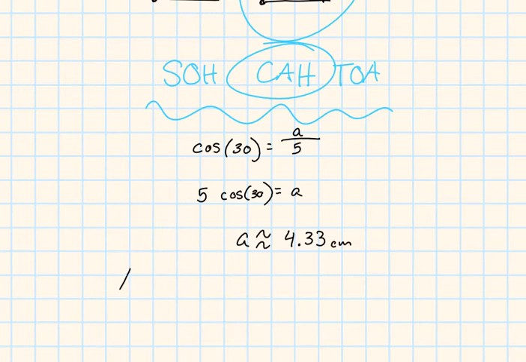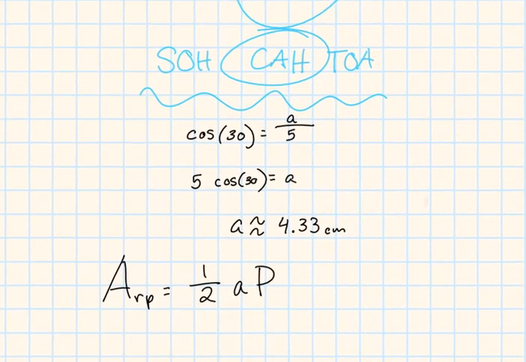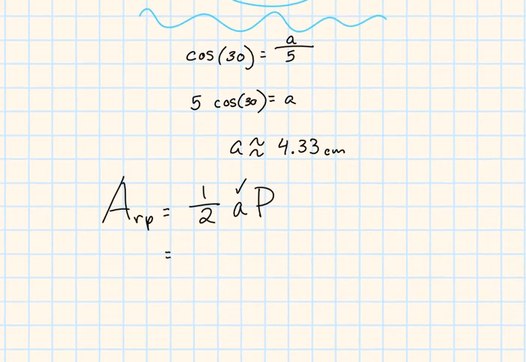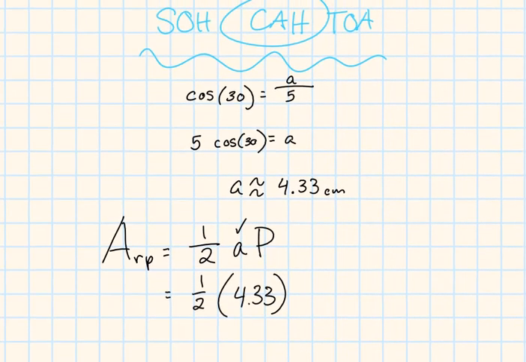Now I can use the formula for the area of a regular polygon, which equals 1/2 the apothem times the perimeter. Right now I do have the apothem, so that is a check. I've got 1/2 times approximately 4.33, and now I need to find the perimeter.